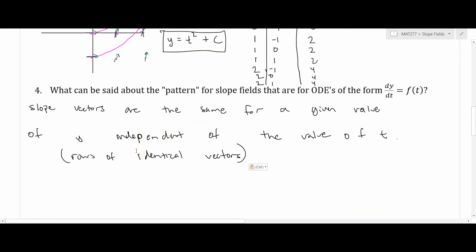The slope vectors are the same for a given value of t, independent of the value of y. So here we notice we had columns of identical vectors. That is, we could circle one of these columns and see that all three of those behave identically.